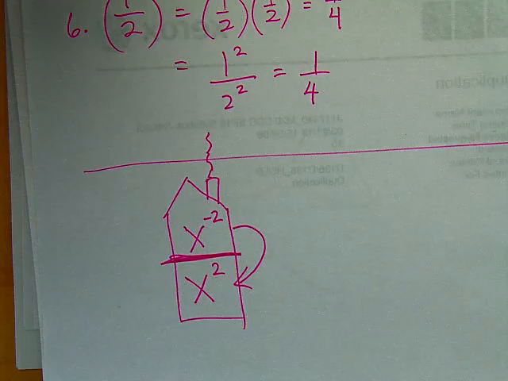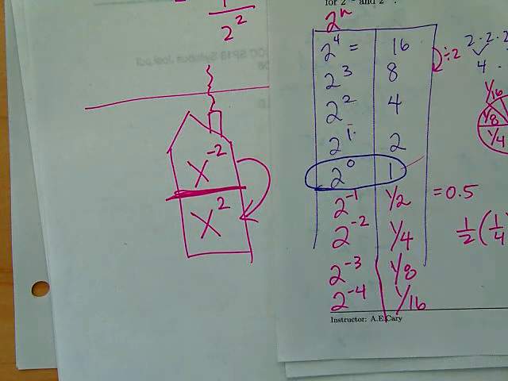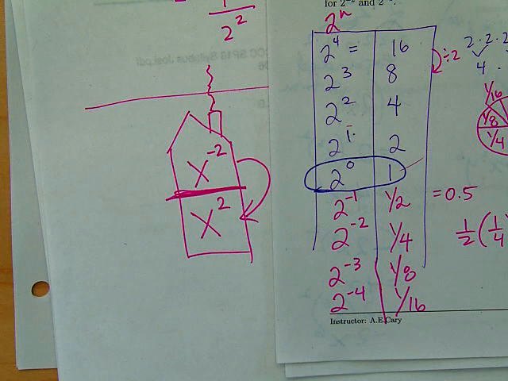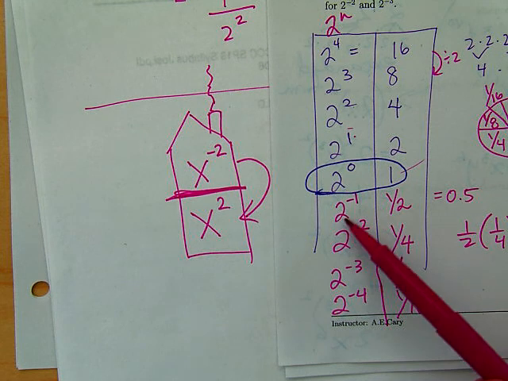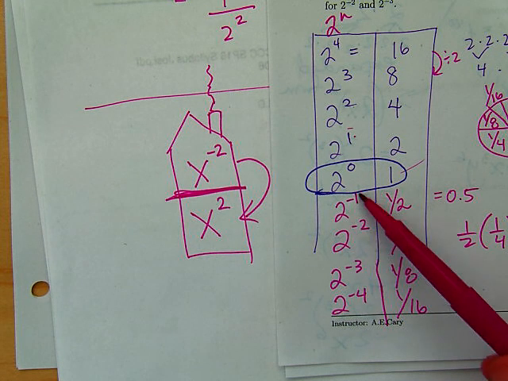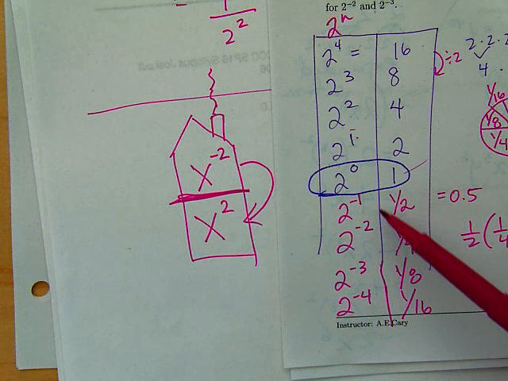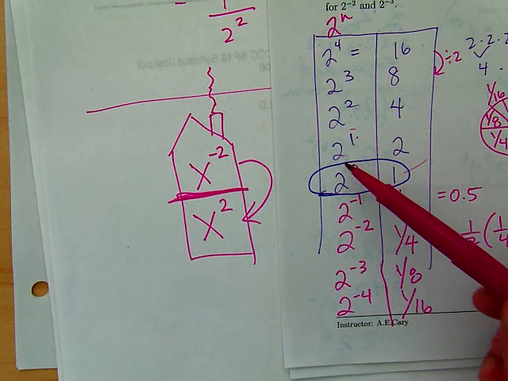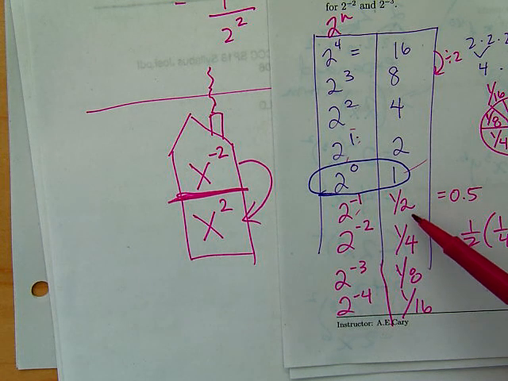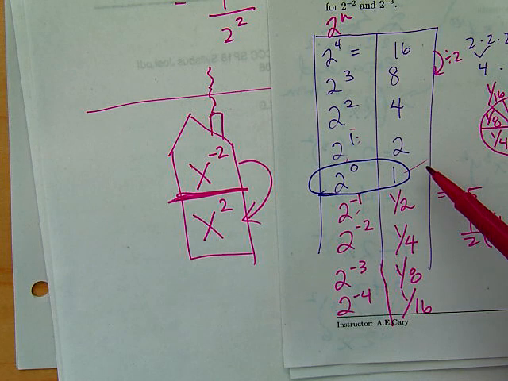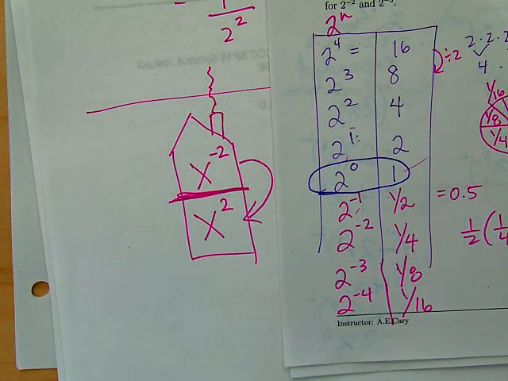Let me go back just really quickly to what we saw over here, right? You saw the pattern with the powers of 2. And what did the negative exponent do to x, or 2 to the first power? What did the negative exponent do to it? It flipped it. It took the reciprocal.